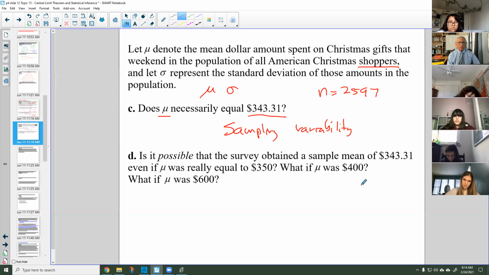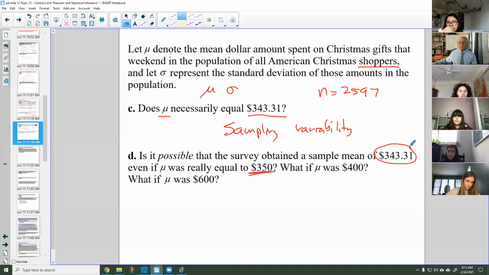Okay, good. Now, if mu was really equal to $350, so the population average was actually $350, is it possible that we could get a mean from our sample of 343.31?